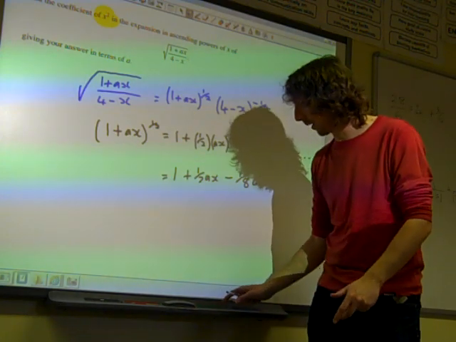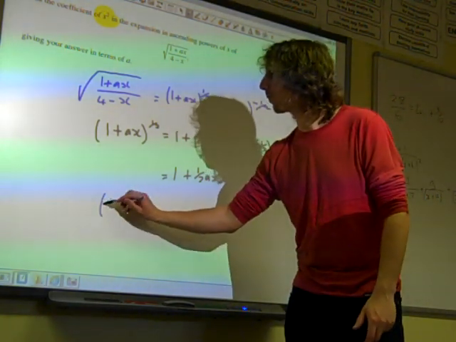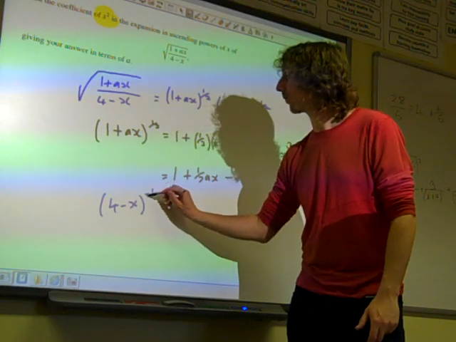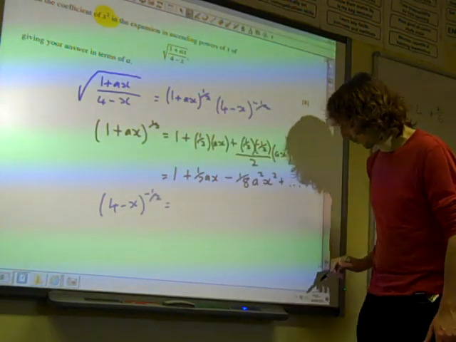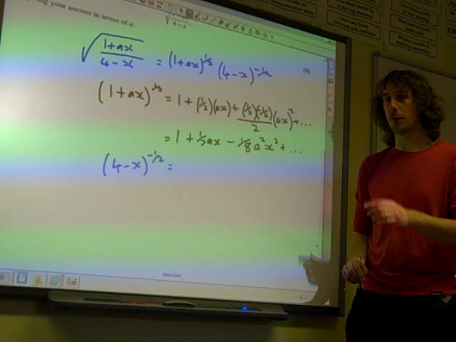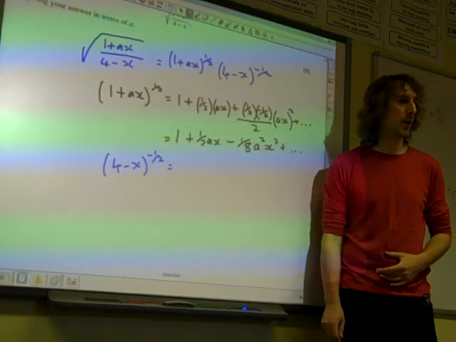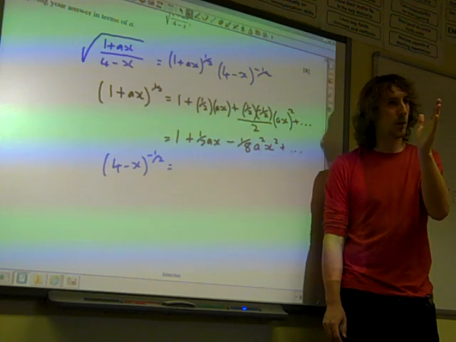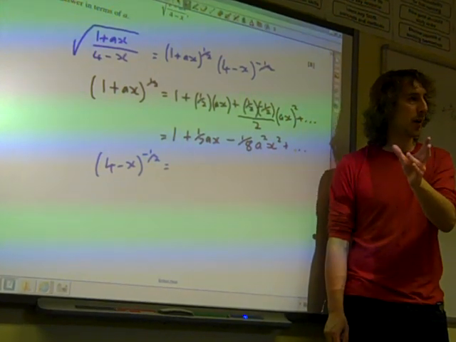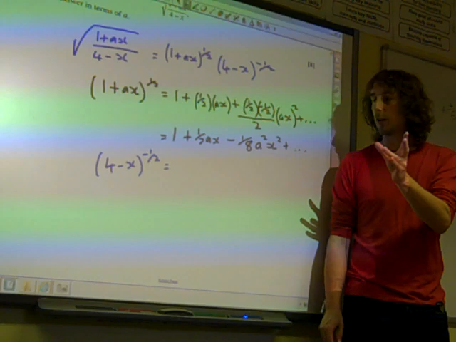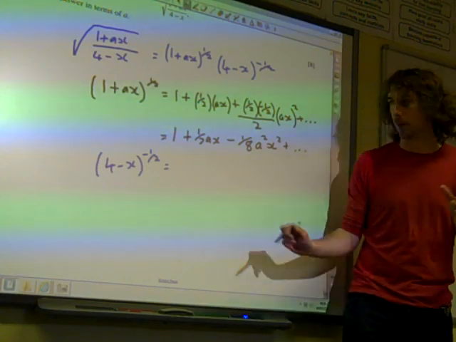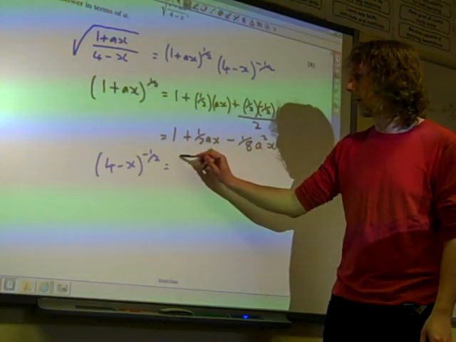4 minus x to the minus a half. Alright, well this is the bit where you need to play around with this first, because it's not in the form that we can use. We need 1 plus or minus something at the start of our bracket. So we need to get that 4 out of the way, take it out as a common factor.